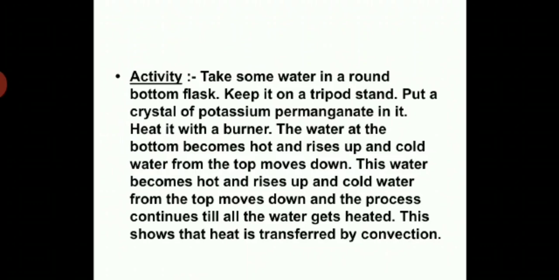Water is transparent and colorless, so you need something to see its movement. That's why you add a crystal of potassium permanganate, to observe the change in water when you start heating it, and how the process happens gradually.